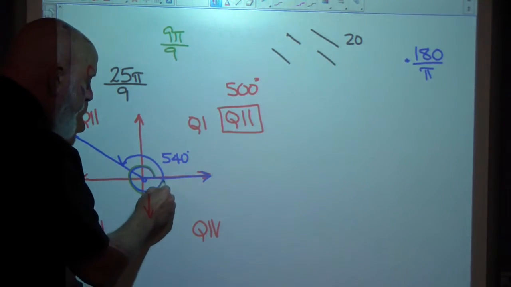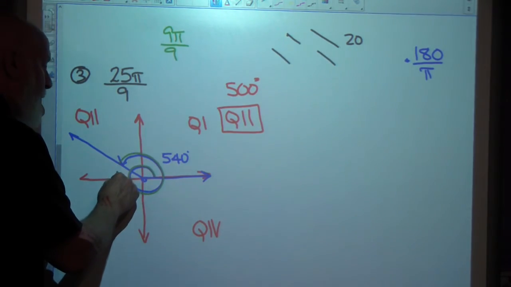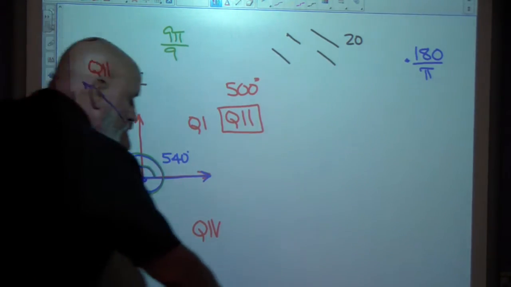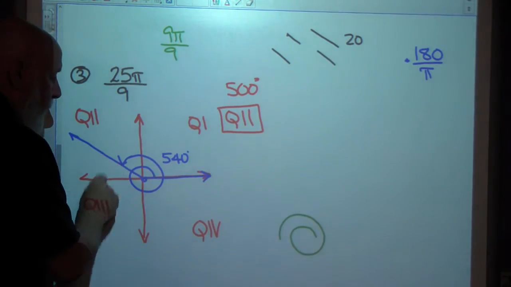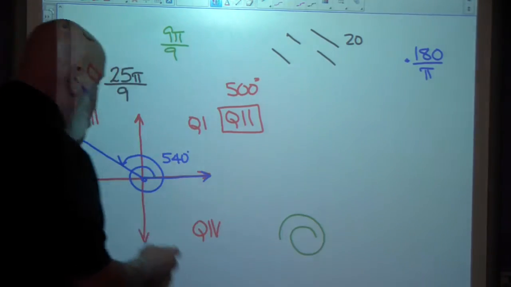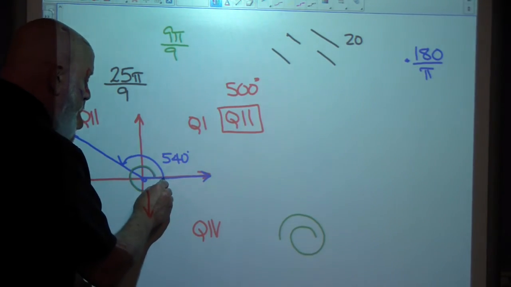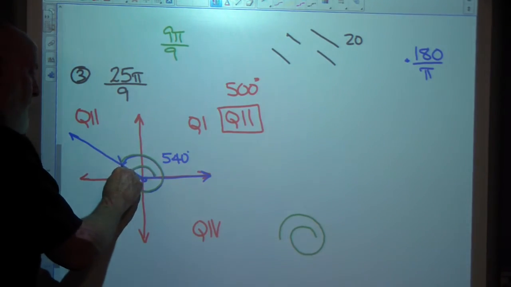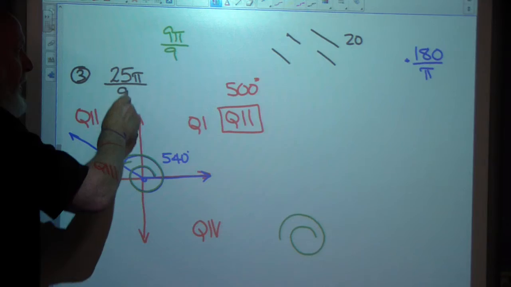Another 9 pi over 9 is 18 pi over 9. And then this would take us to 27 pi over 9, but that goes 2 pi over 9 too far. So if I stop, I'm going to stop in quadrant 2. So here we go. 9 pi over 9, 18 pi over 9, 27 pi over 9, we'll stop about 2 pi over 9 short. That would put us in quadrant 2, counting by pi's over 9.